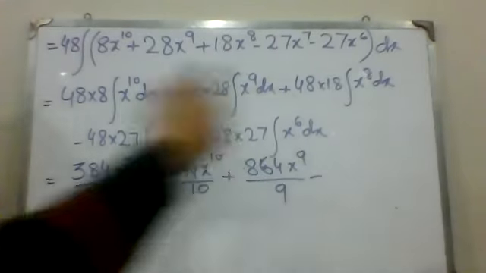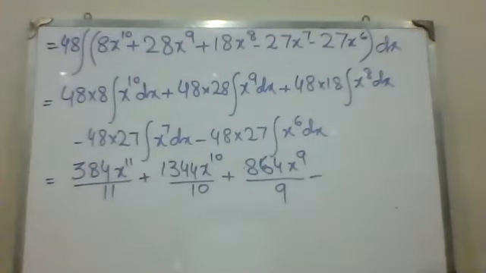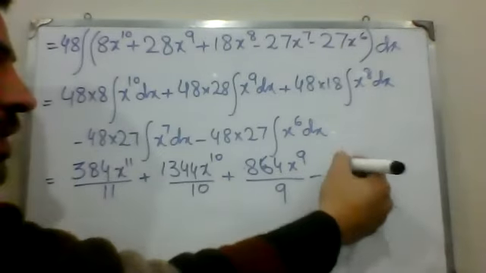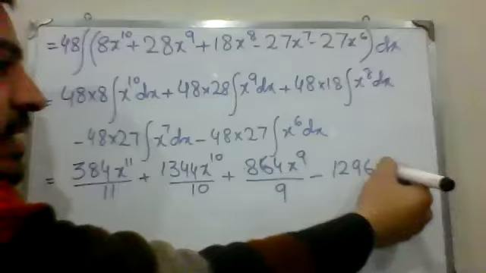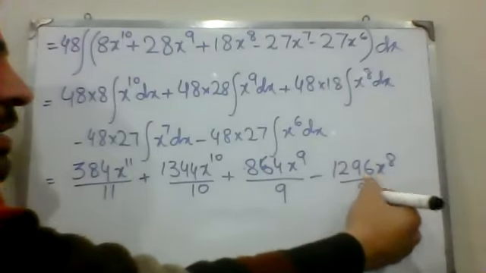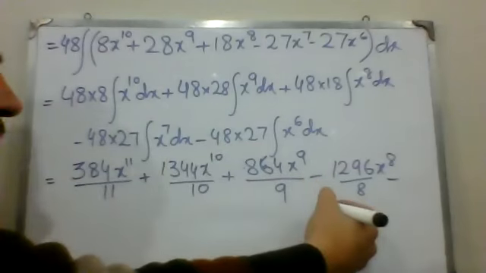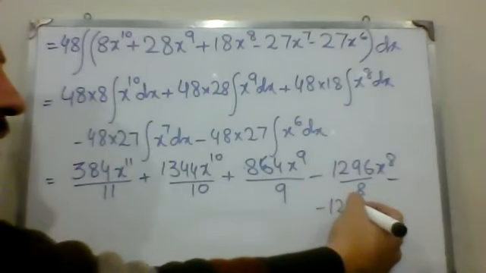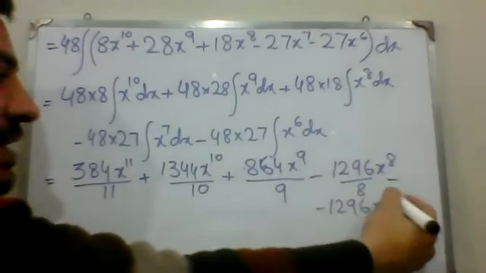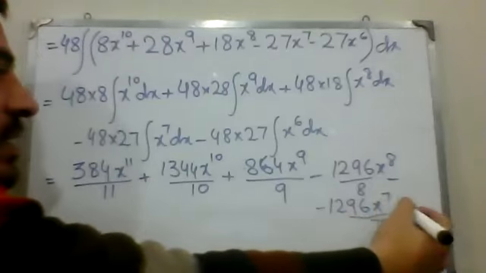Okay, minus 48 multiplied by 27, 1296. 1296 x to the power 8 divided by 8. Now last term 48 multiplied by 27 is again 1296, x to the power 7 divided by 7 plus c.